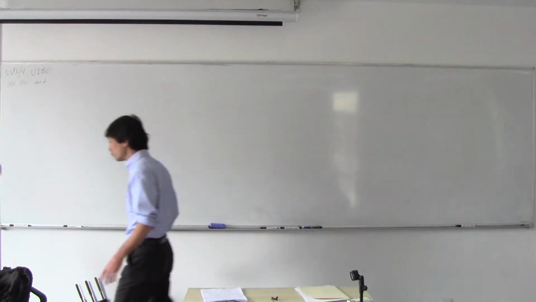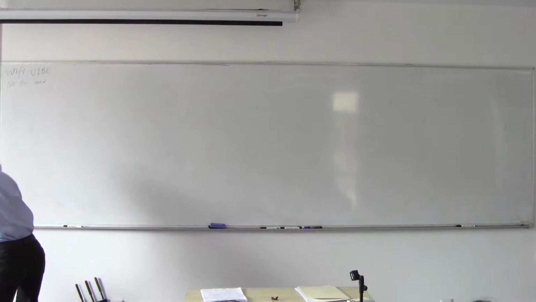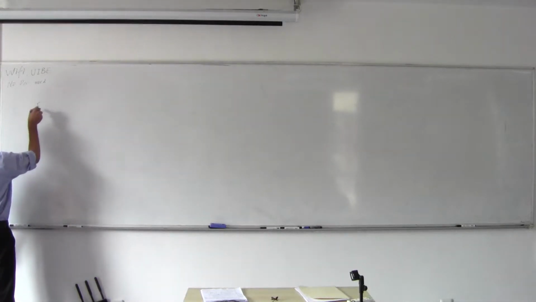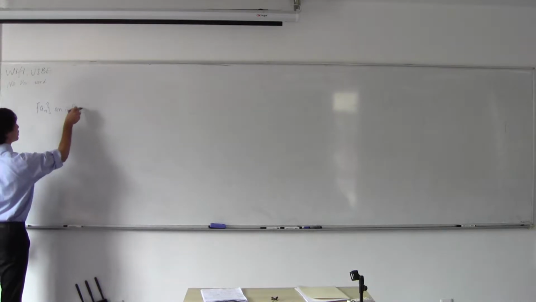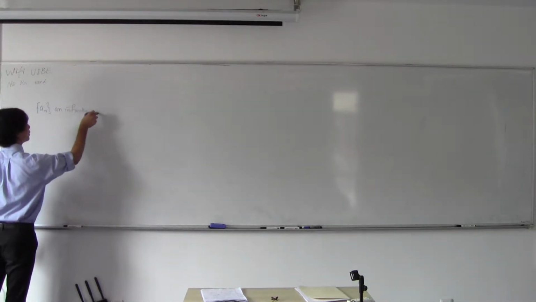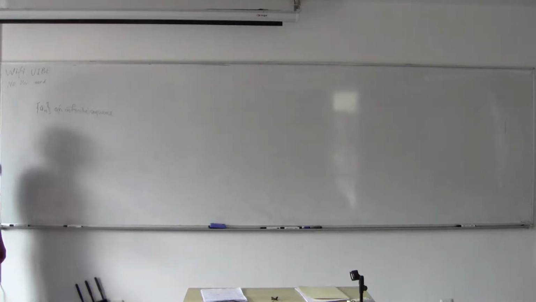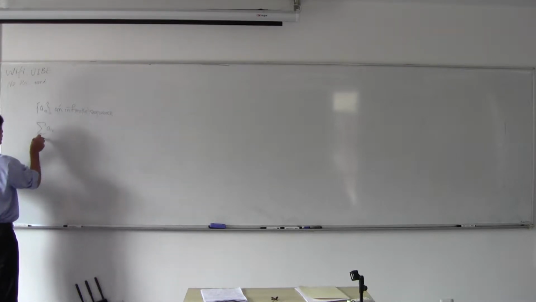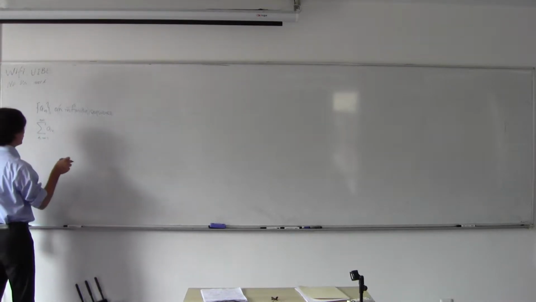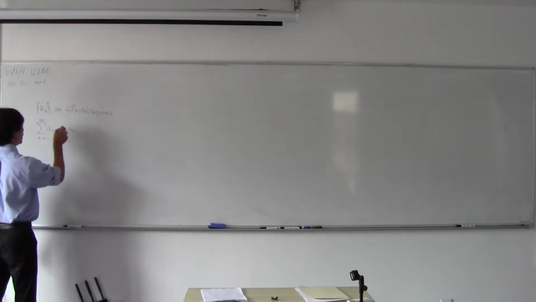So remember, you have some sequence, a sub n, an infinite sequence. Given the sequence, you have this thing, the sum of a sub n from 1 to infinity. This is called the series.